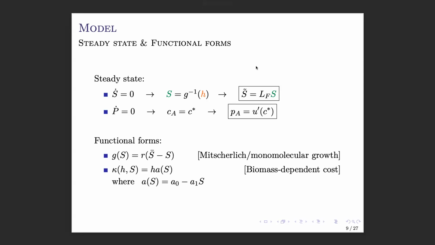Functional forms. So I endeavored to find a not excessively complex, but at least somewhat plausible, biological growth function for the stock of forest land per hectare, which is what you see here. This is the monomolecular form. And there's a biomass dependent harvesting cost, which I've written here.